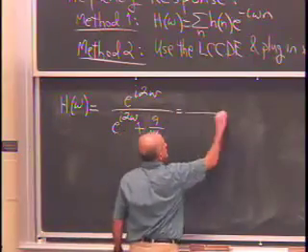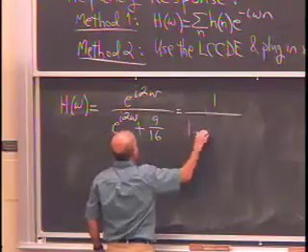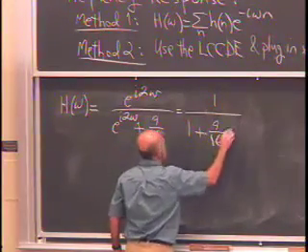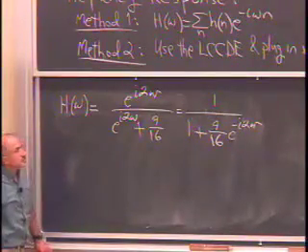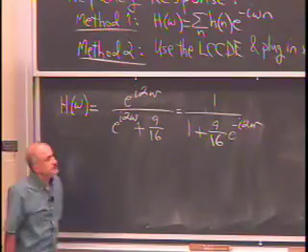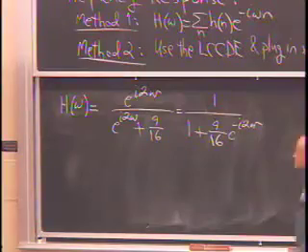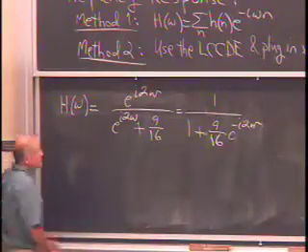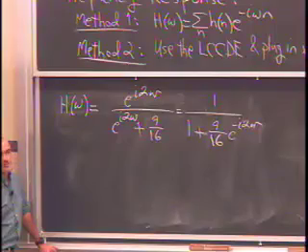I multiply top and bottom by this negative power. So I get a 1 on top, and 1 plus 9 over 16 e to the minus i 2 omega on the bottom. Can you do some pattern matching and tell me what difference equation this corresponds to? Pattern match with the other difference equation and see how we got H of omega. Why don't you talk to your neighbors and see what you come up with?